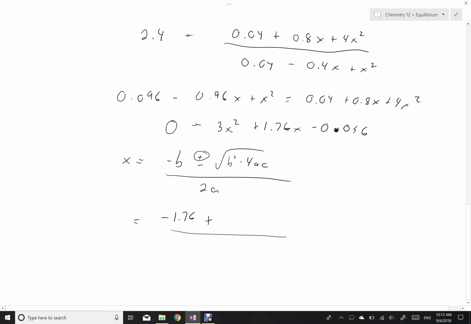That's going to be the root that turns out to be the right one. b squared is 1.76 squared, minus 4 times 3 times negative 0.056, all over 2 times 3.